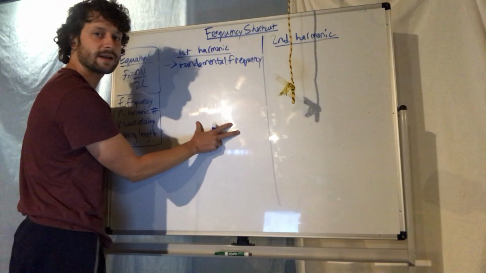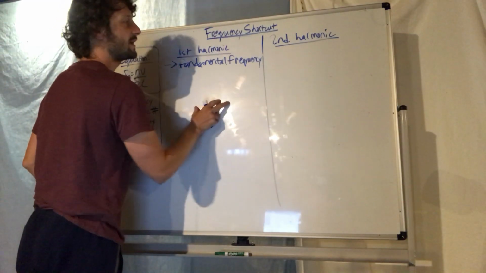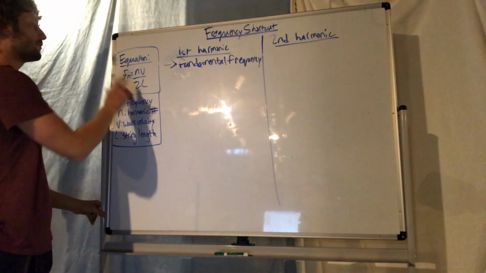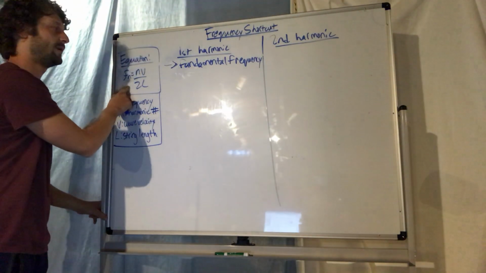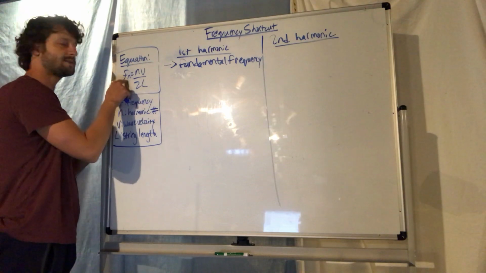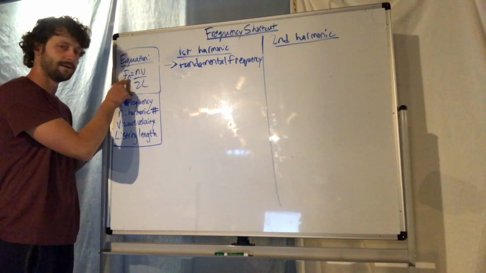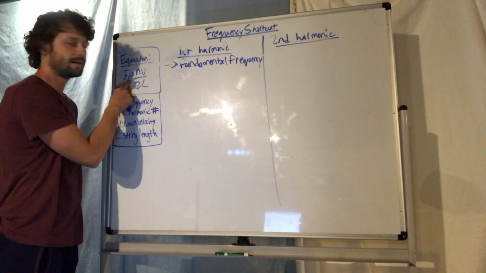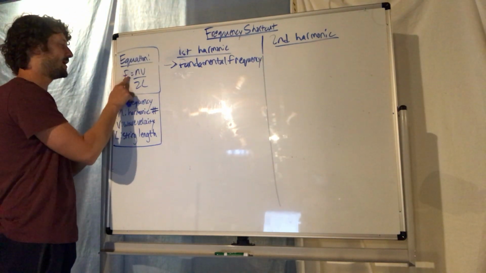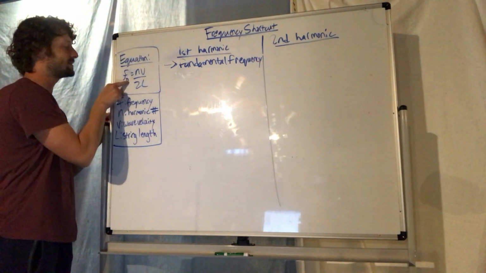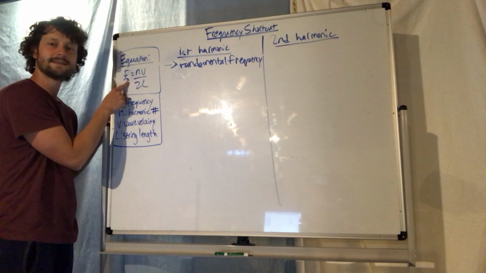I made a space so we could calculate the 1st harmonic here and the 2nd harmonic here. Alright? And over here, we wrote the equation for standing waves on a string. The equation goes like this. On the left side of the equal sign is Fn. You might think that's F times N. That is not F times N. The N on the left side of the equal sign is a subscript.